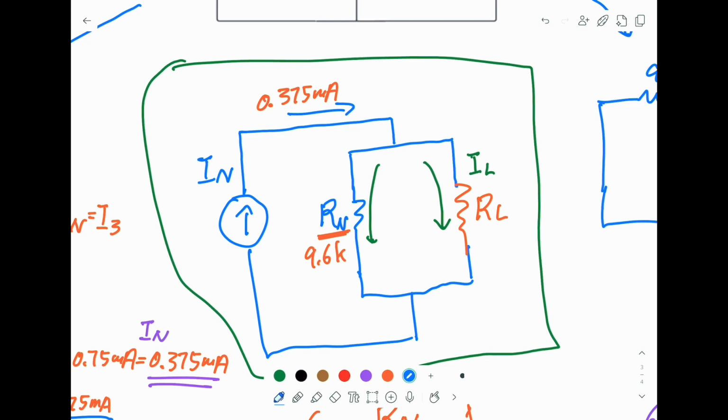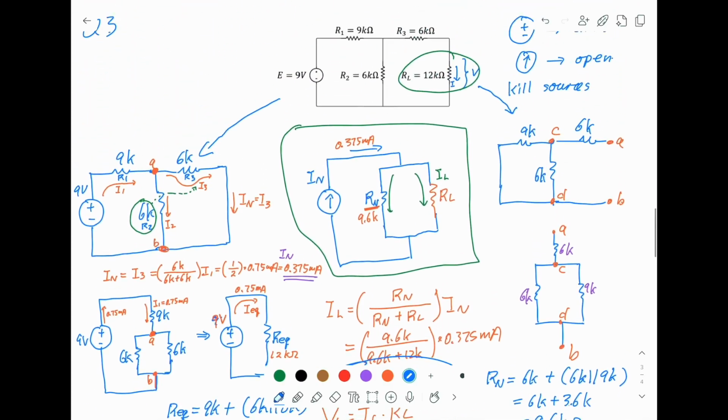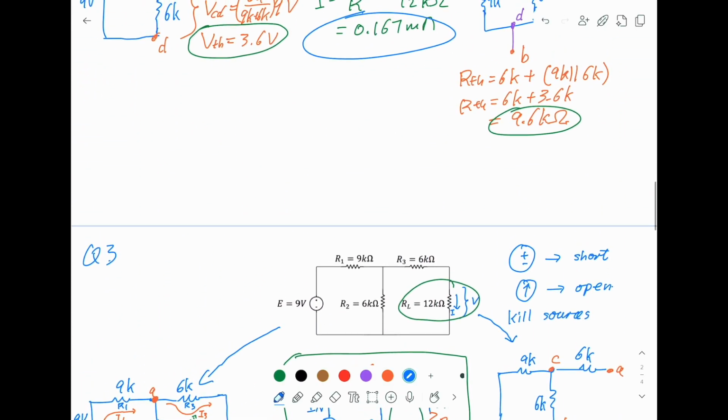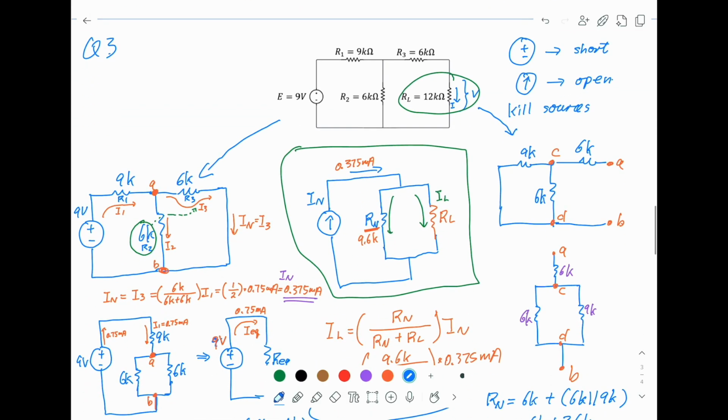So both methods are correct. And the most important thing I hope you will appreciate is that you really need to draw each state, draw the diagram. And you have to know the method. You should know the equations, how to find potential divider, current divider, Ohm's law.